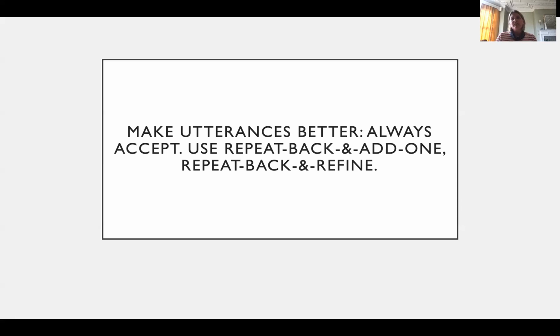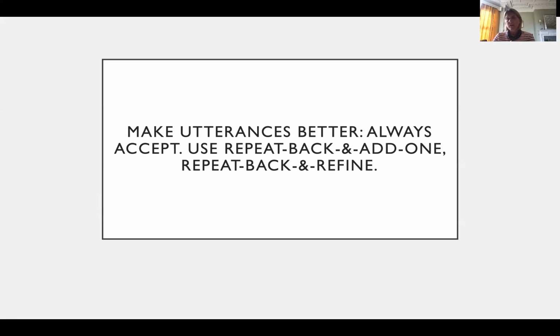And so if you think about children who use shorter sentences than you would ideally like them to, or still are using short phrases or even single words, then what I can do in my interactions is just to use the strategy of repeat back and add one. So the child offers a single word or a two-word phrase or a short sentence, whatever, and I accept that.